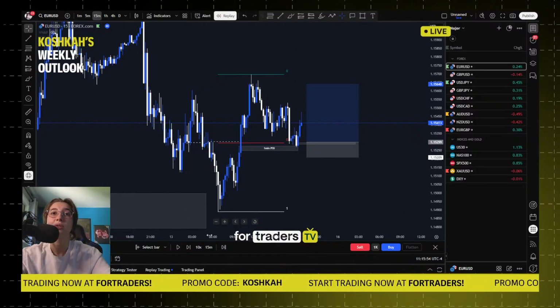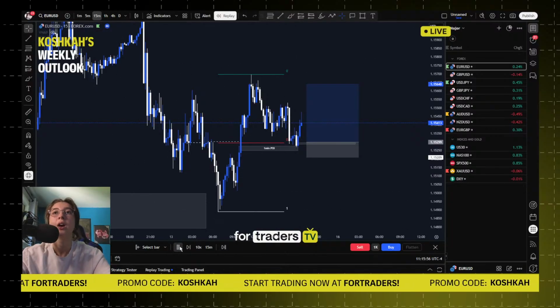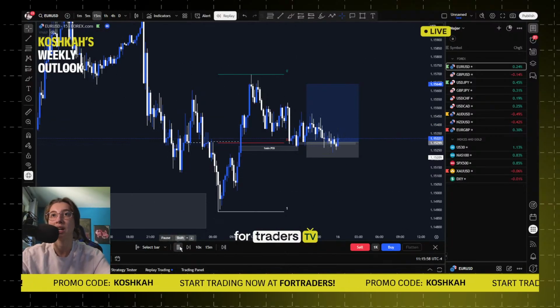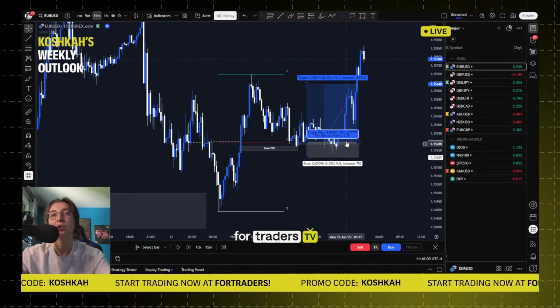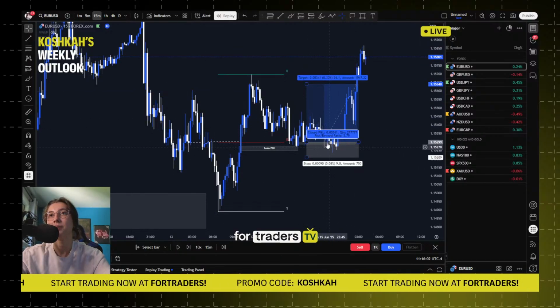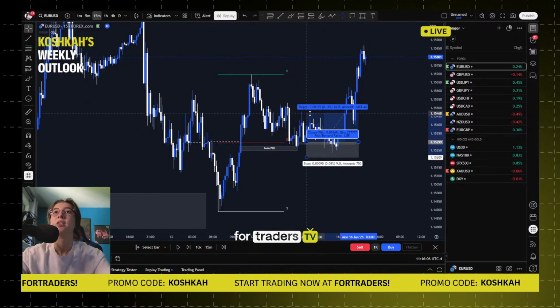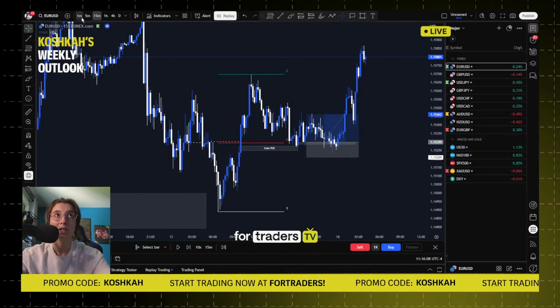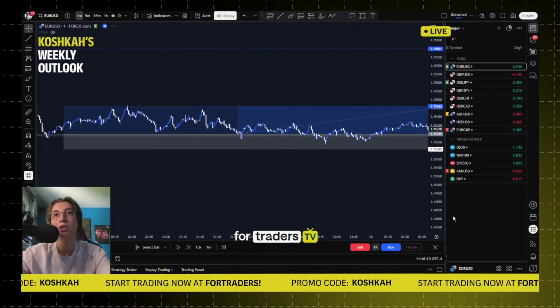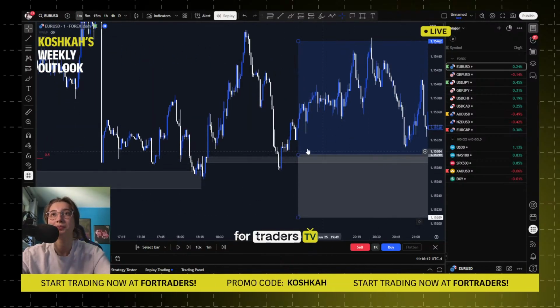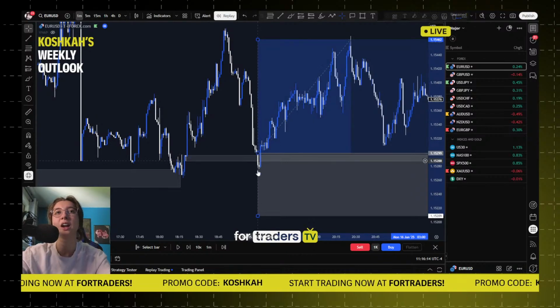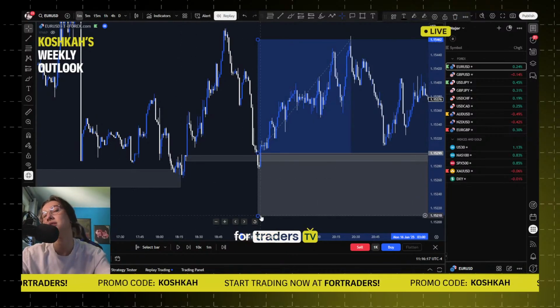Some people had a bigger stop here. Personally, what was the best thing for this trade is actually, here, price tapped into the POI at first, then came back here. For me personally, this trade right here, according to the strategy, you see your stop loss is really big.